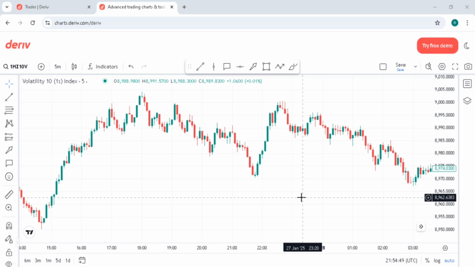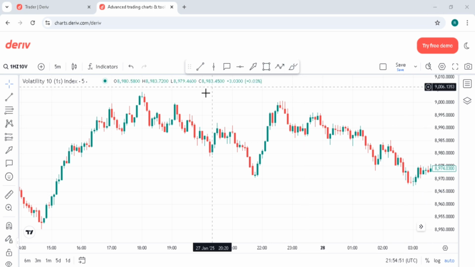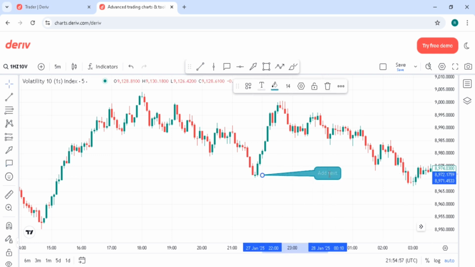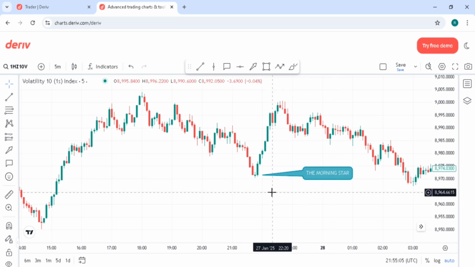So today we look at another one, called the morning star candle pattern and the evening star candle pattern. Now we're going to look at how this is formed and how you can use it to make sure that you are profitable in your trades.